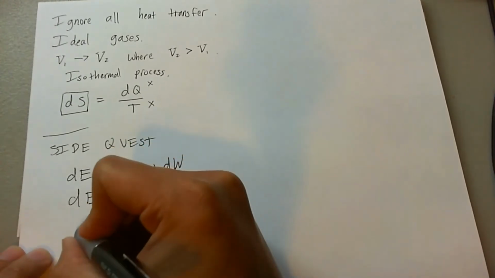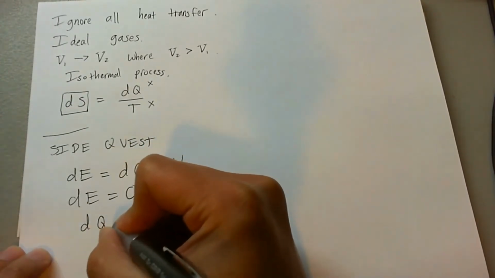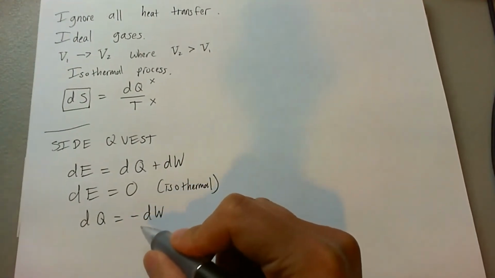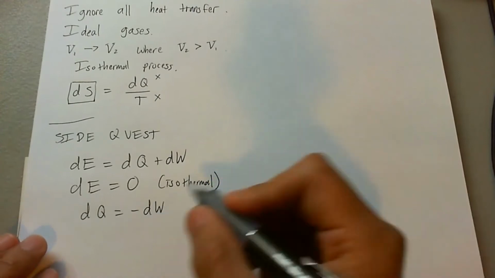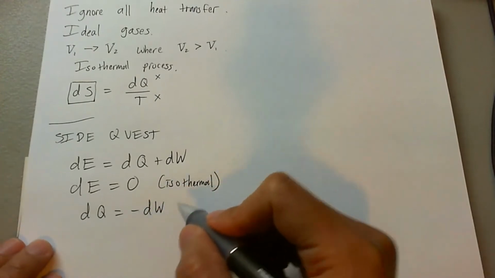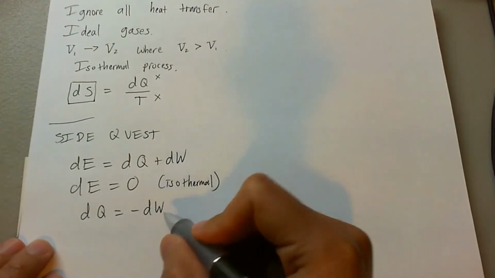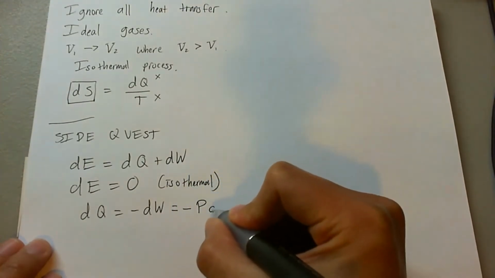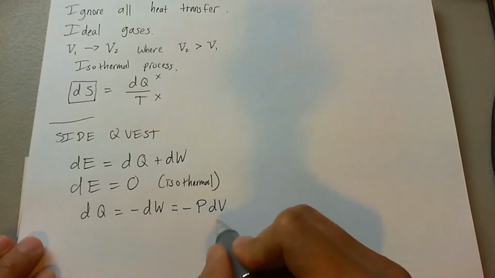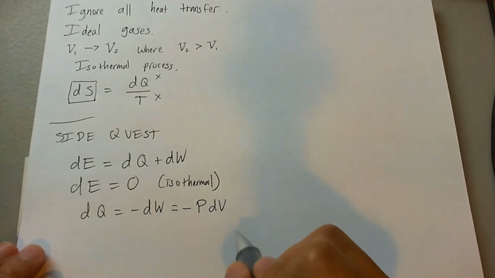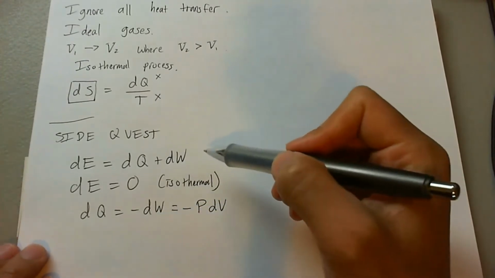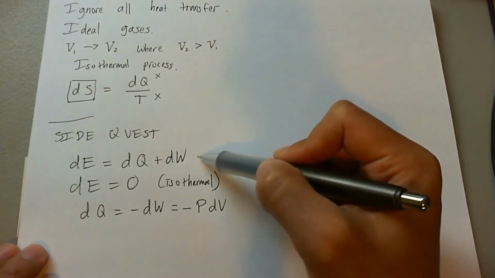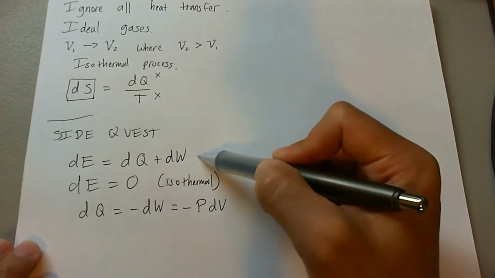If that's the case, then we see that dQ becomes a function of dW, which is basically just negative dW. And we also know one thing, dW is work, right? Work is simply pressure times dV. Again, this is just another relationship that we know from our notes. Okay, so we have two relationships. The energy relationship, this is in a way the first law of thermodynamics.